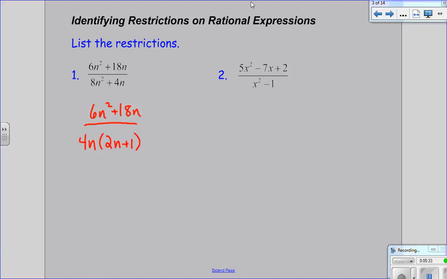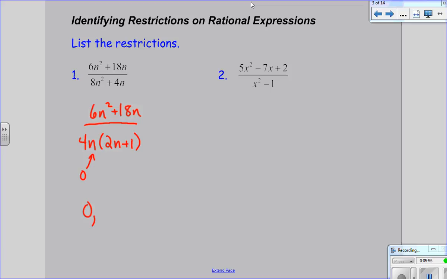Now let's look at what our restrictions would be. If I plug in a 0 for both n's, I would end up with 4 times 0, which would be 0, times some other number, which would again be 0. So 0 is my one restriction.